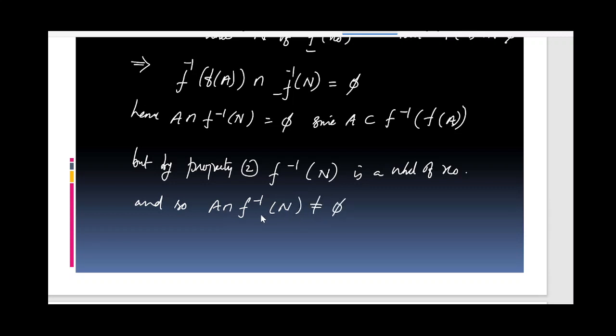Since at least it should contain x naught. Cannot be empty since x naught belongs to A closure.